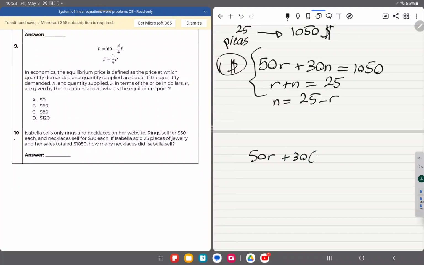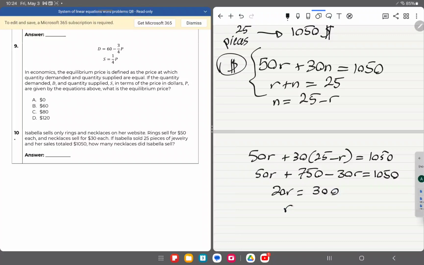50r plus 30 times 25 minus r is equal to 1050. 50r plus 30 times 25, that's 750, minus 30r is equal to 1050. Now 20r is equal to 1050 minus 750, 300. R is equal to 15. So I can get the number of rings.